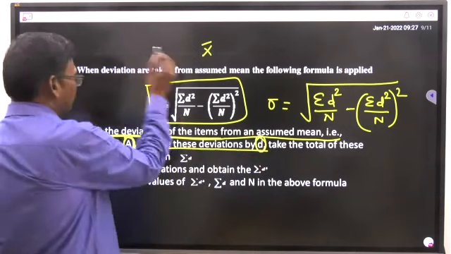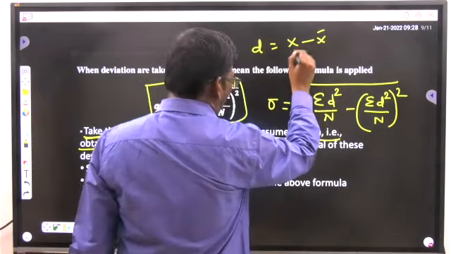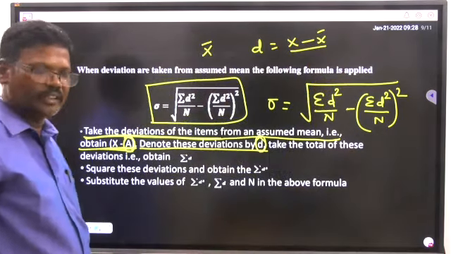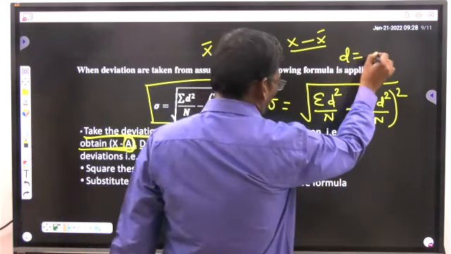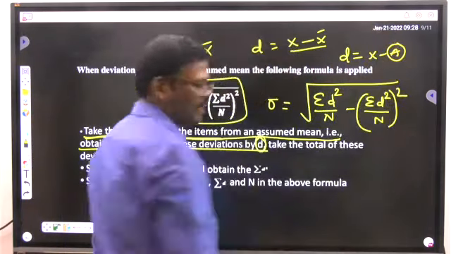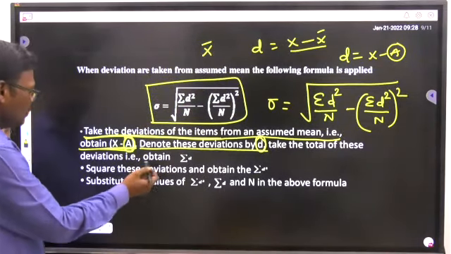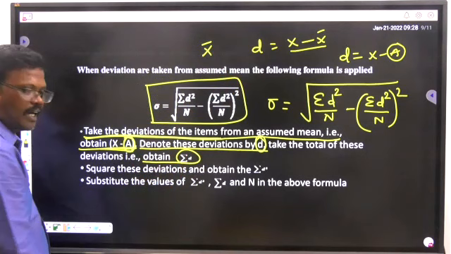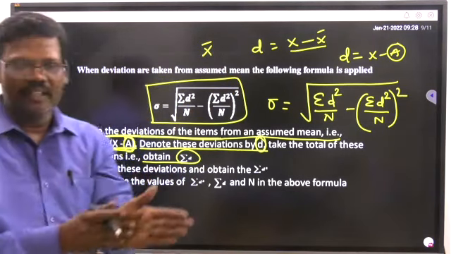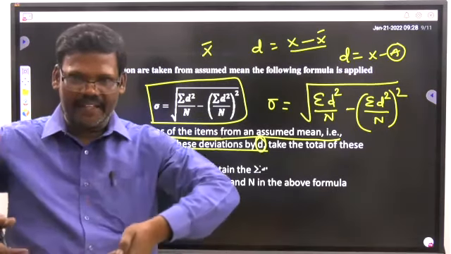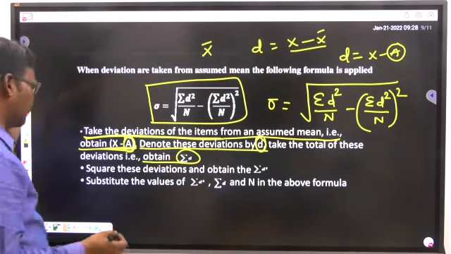So d is equal to x minus a, where a is nothing but the assumed mean, which is x bar. Then we will get sigma d. After calculating the d values, we add them all together, and then we get sigma d automatically.